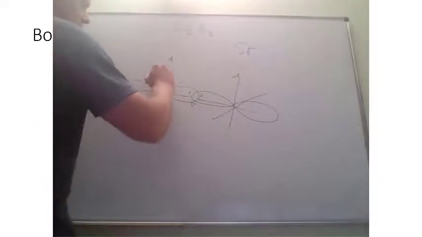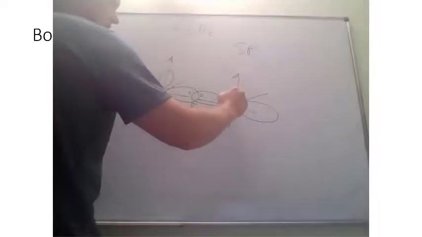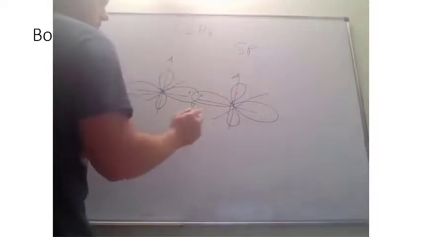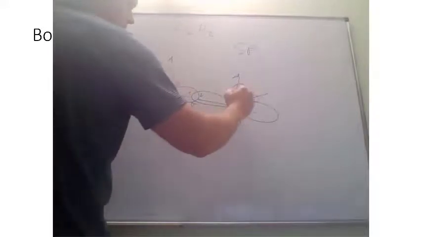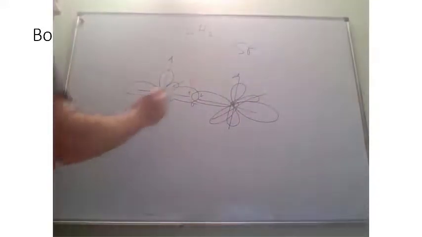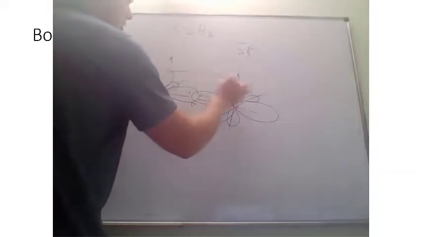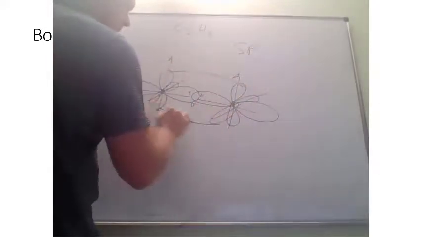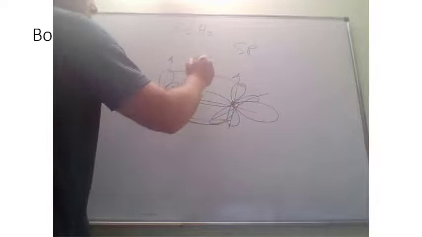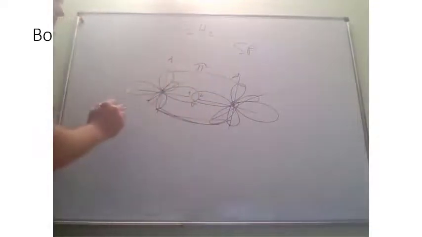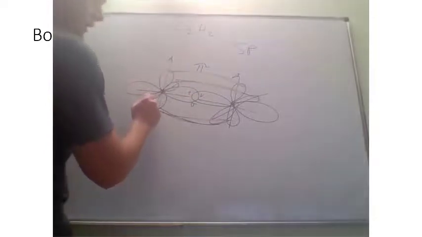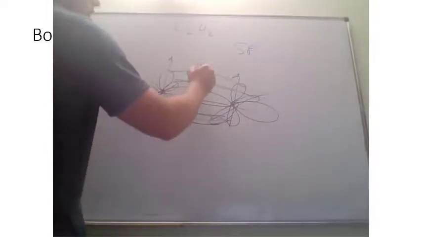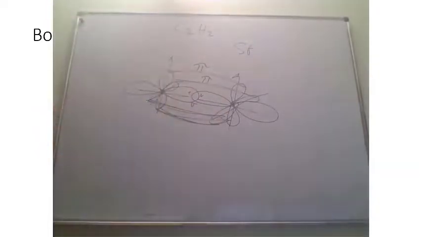And then we're going to have our pz's, and then we're going to have our py's. So we're going to see our pz's are going to overlap to form 1 pi bond, and then our py's are going to overlap as well to form our second pi bond.